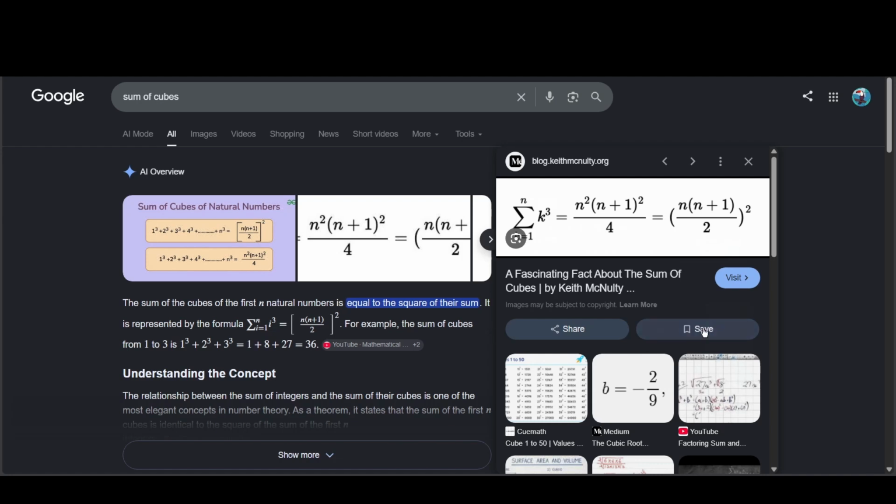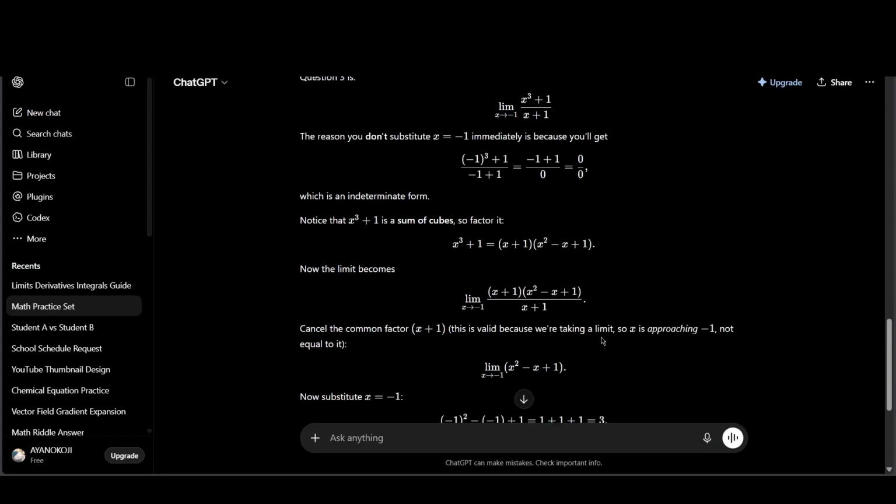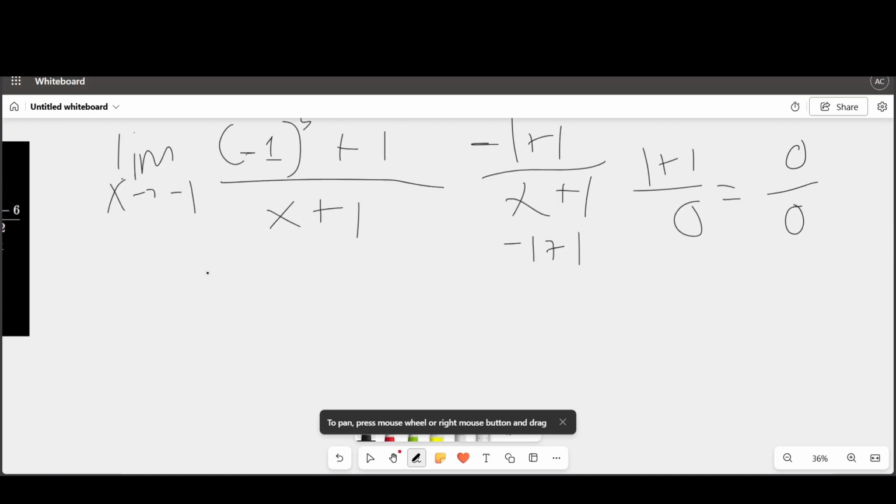I think it's just going to be like that. I guess we'll just do that then. Okay, let's just do the sum of cubes that it's talking about. It's going to be x.